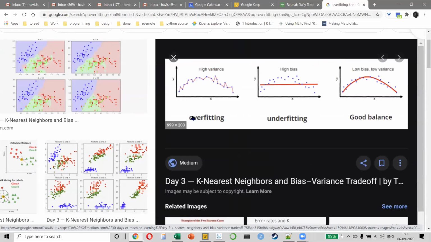Overfitting basically means that you're trying to make a line which is too precise. You're trying to keep a line which is connecting every single dot. Now, everybody would say this is better than this one, but this is not good. You know why? Because this is not a smooth line. Do you see this? This is not a curve.